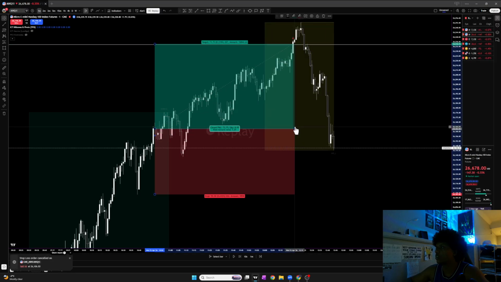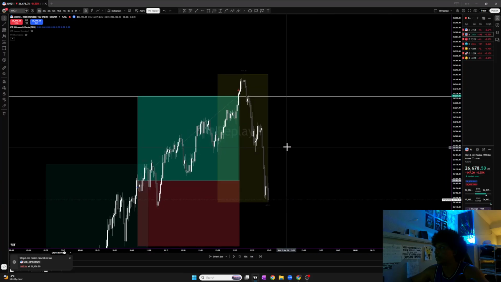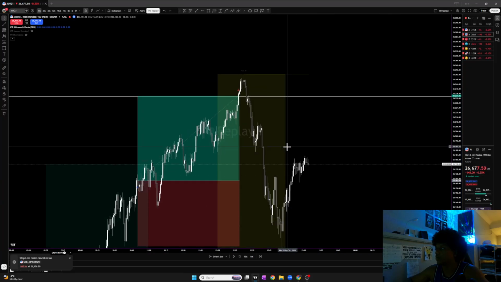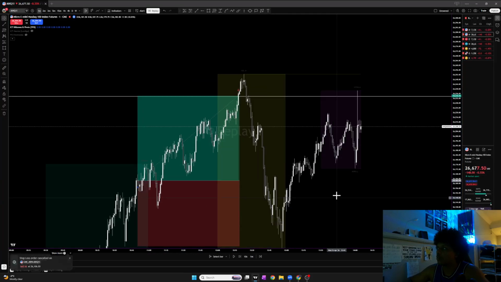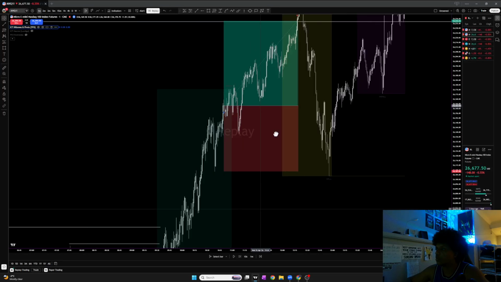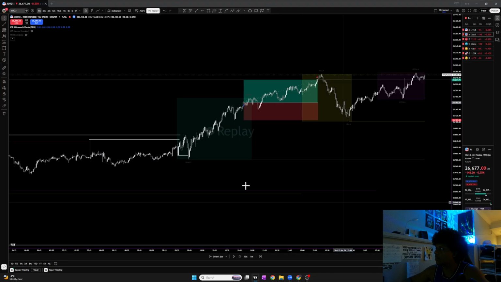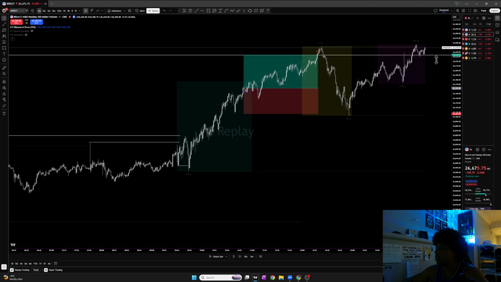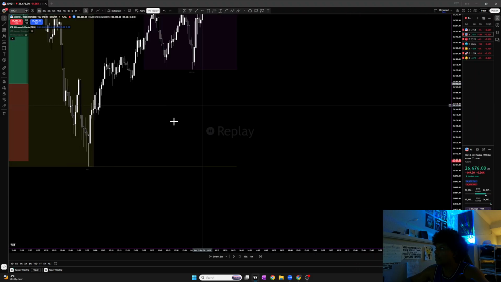There is crazy, you know. Well, this is also an absolutely fabulous entry. This is also a good entry right here. As you can see, we have a sweep below 50%, a 50% rejection, and then we got a market structure shift.